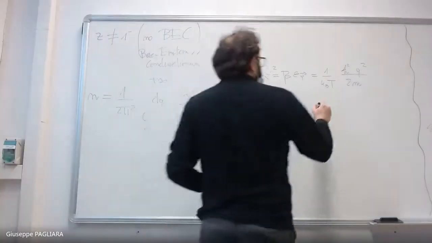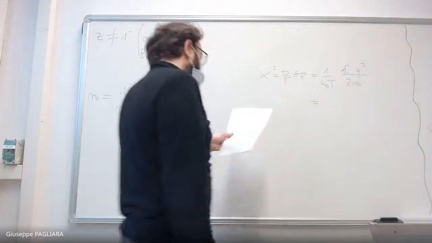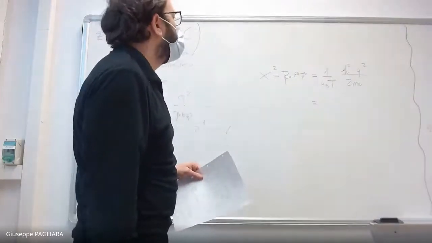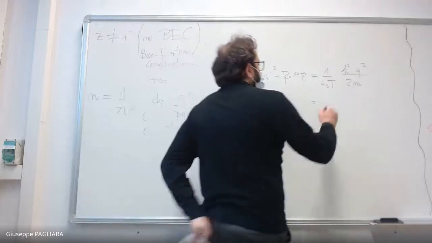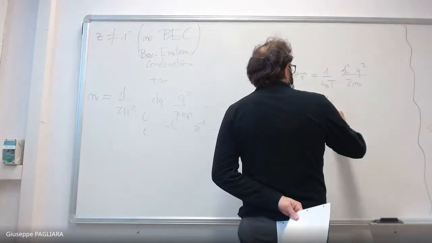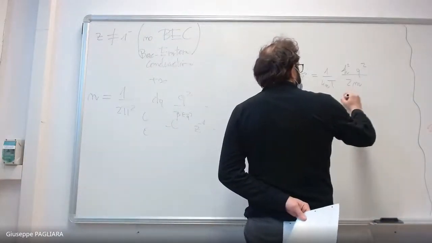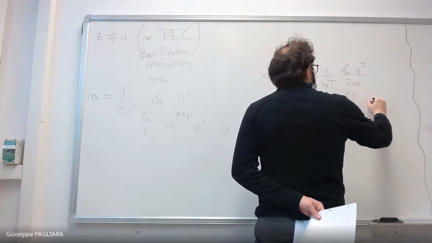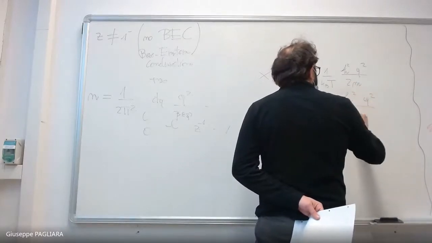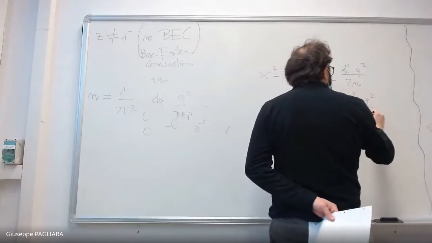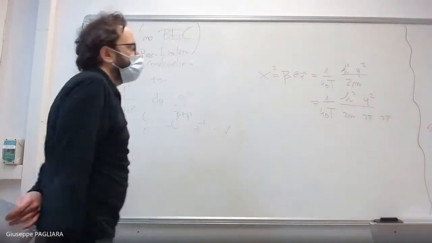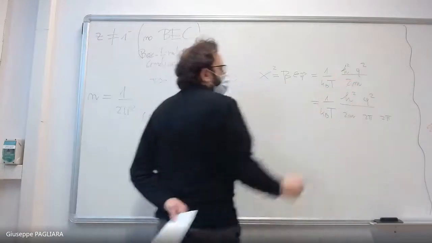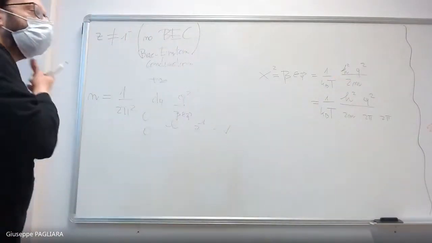Now, what is this quantity? Let me make it in such a way to have the lambda. So this is 1 divided by kBT. This is the h squared q squared divided by 2m. Then I have a 2 pi and another 2 pi coming from the fact that I have here h bar and here h squared.